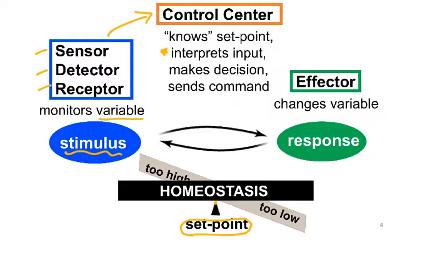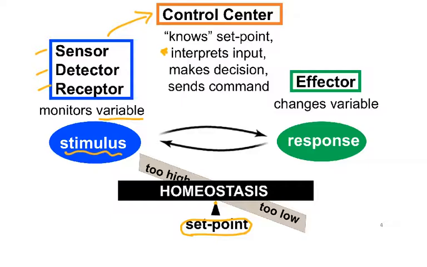And then by making that comparison, generates a decision about if some aspect of your body needs to change in order to bring the system back to the set point or close to the set point.